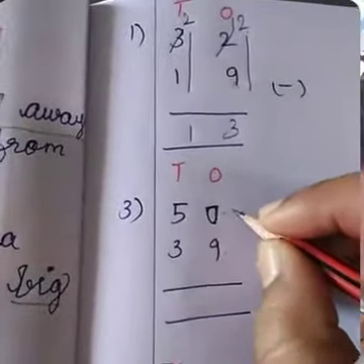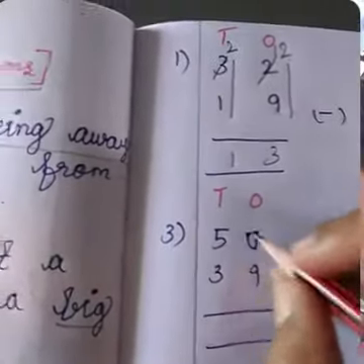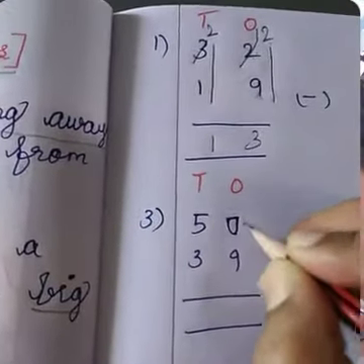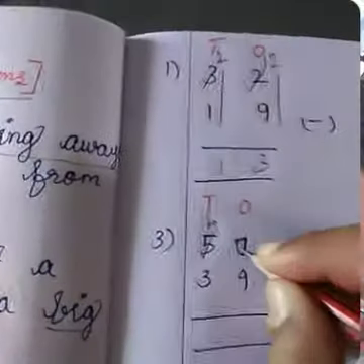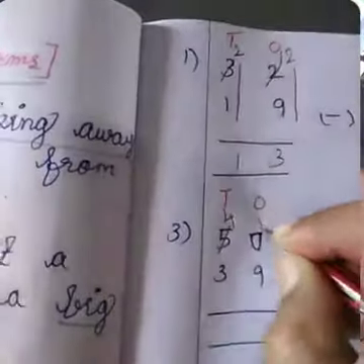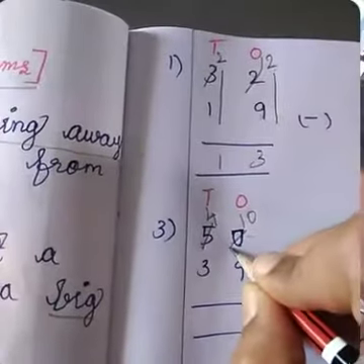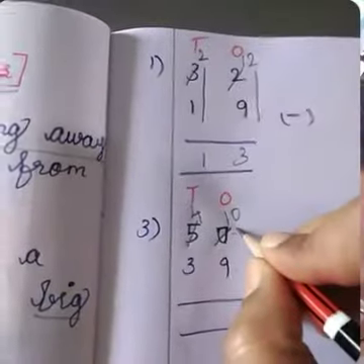So we borrow one number from the tens column. Here 9 and 0. 0 is the smallest number, 9 is the biggest number. We borrow one number from the tens column, so 5 becomes 4 and 0 becomes 10. Listen carefully. If we borrow a number from the next term, the 0 will become 10.